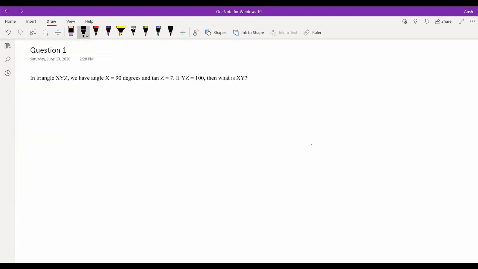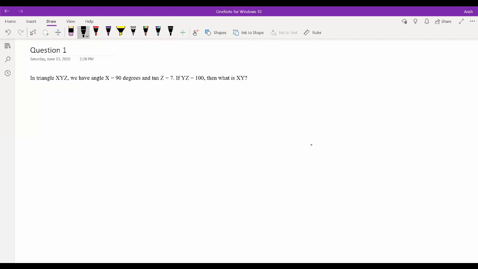All right, so our first problem, we have that in triangle XYZ, angle X is 90 degrees, and that the tangent of angle Z is equal to 7. It also tells us that YZ, which in this case would be the hypotenuse if we drew out the right triangle, is 100. So then it asks us, what is XY?